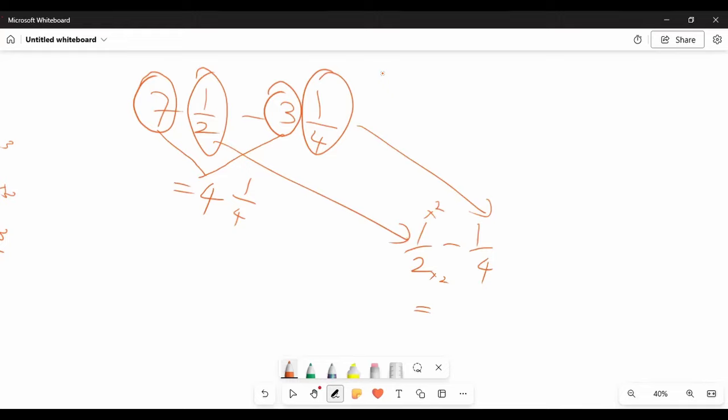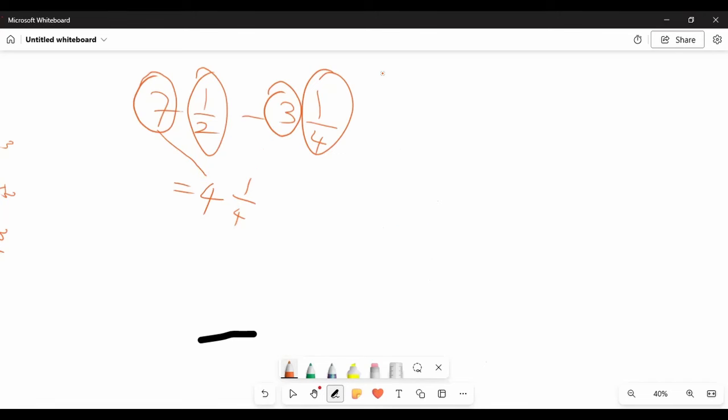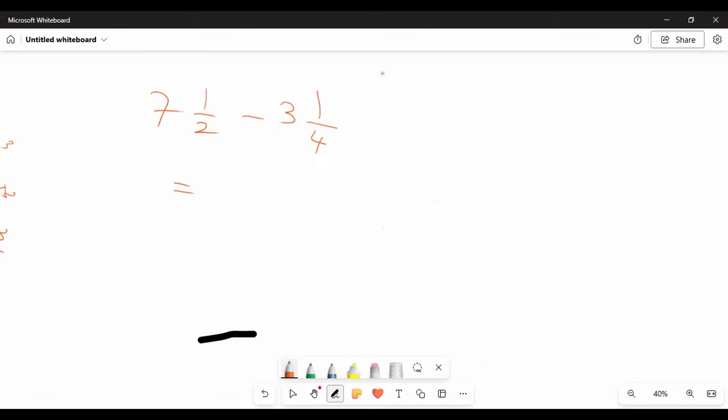You will get 2 over 4 minus 1 over 4. So the answer is going to give you 1 over 4. So I can put that here. Clear with this? If not, what is the normal way? See, within one line, we can get the answer. If not, we have to do a long procedure here, long steps here.